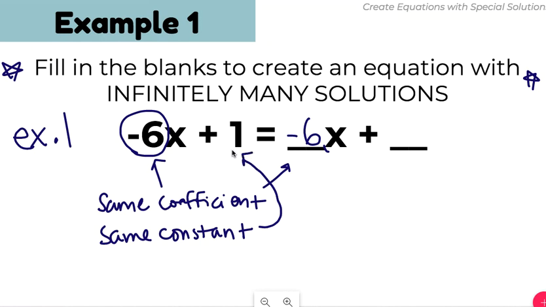Well, my constant is a positive 1. So on the other side, my constant will be a positive 1. So our coefficient was a -6. That needs to be the same on both sides. My constant is +1. That needs to be the same on both sides.